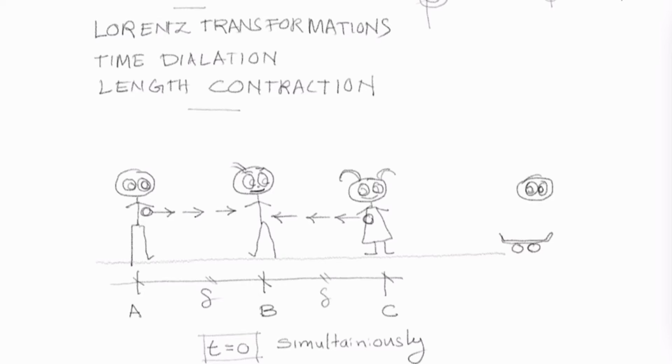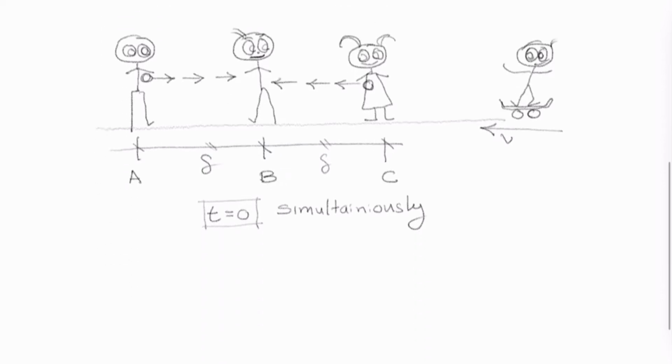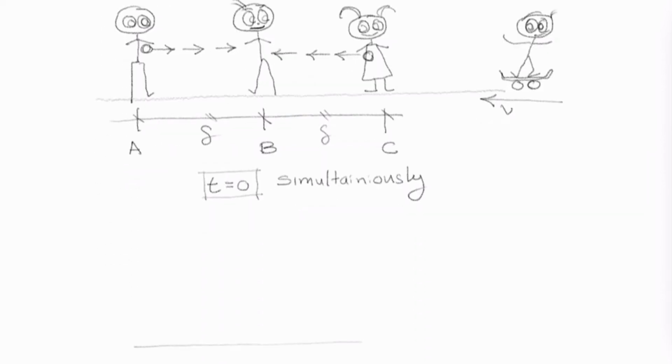Here is me, the moving observer, moving at a velocity v in relation to you. And this is how I see this. This is x and this is t. This is my reference frame, and this is how I see this incident.